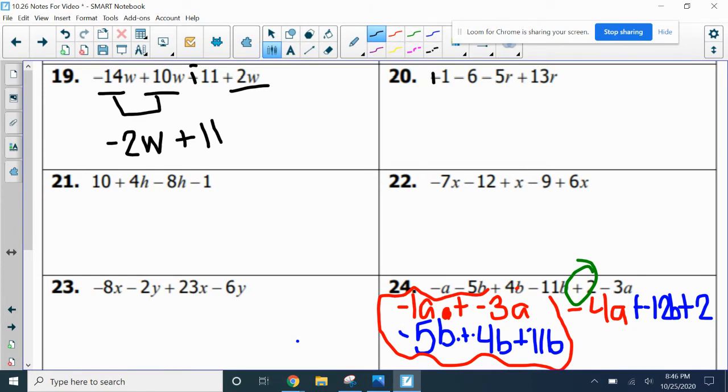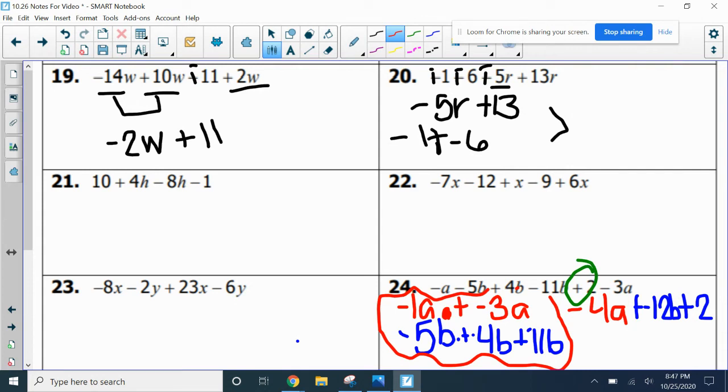I'm going to go ahead and say plus a negative, plus a negative, plus a negative. I have r's. So I have a negative 5r, and I have plus 13r. I have negative 1 plus negative 6. So we're going to combine those to make one combined expression.